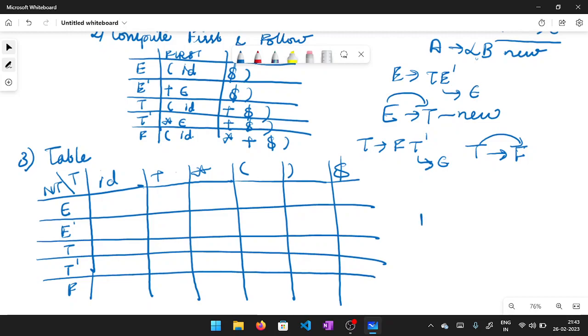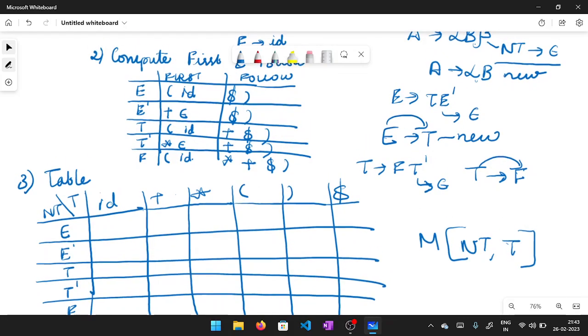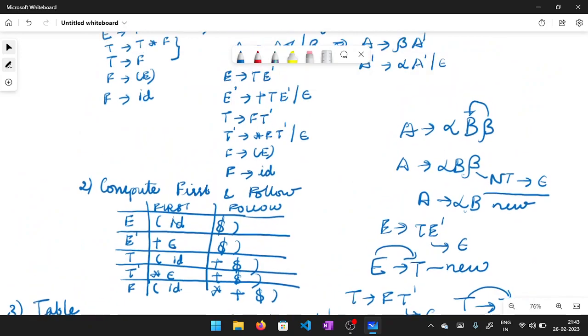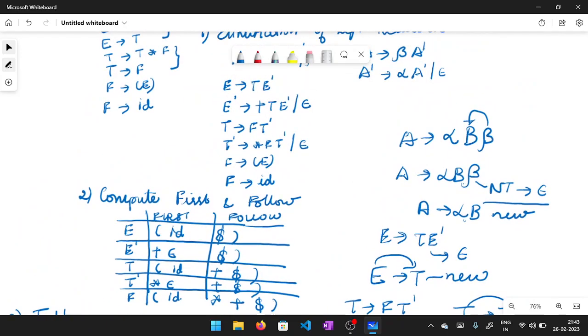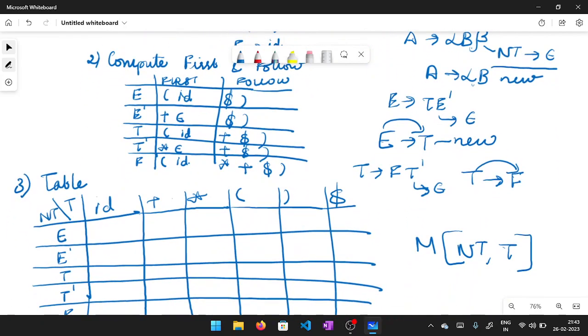You call this table M of non-terminal comma terminal. Now you got the first symbols open bracket and ID in E. Why? Because of E tends to T E dash, because of this production. So for E, for open bracket and ID, I should write E tends to T E dash.